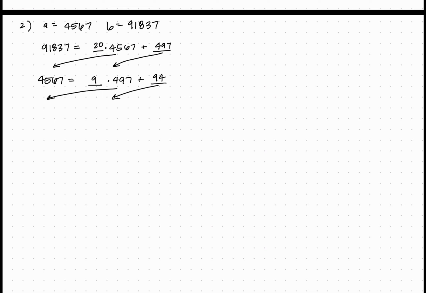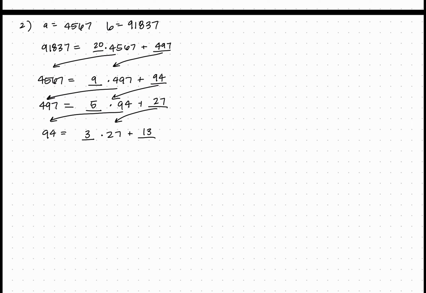So 497 equals some number times 94 plus a remainder. When we do that division, we get 5, remainder 27. And we keep going: 94 equals some number times 27 plus a remainder. That's 3 times 27, and then we end up with a remainder of 13.